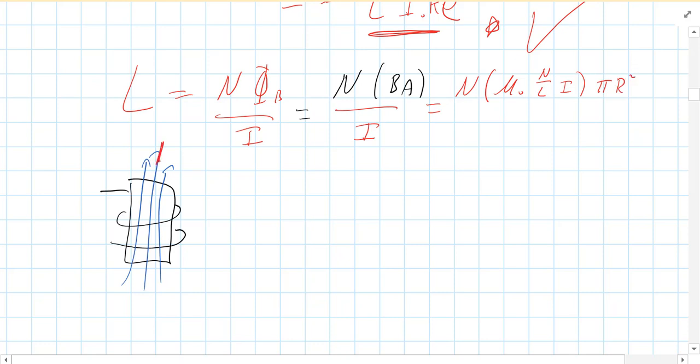So I'd have to give you a radius here. That's a circle, so it's pi r squared over I. Notice that the I cancels out, as it always should.